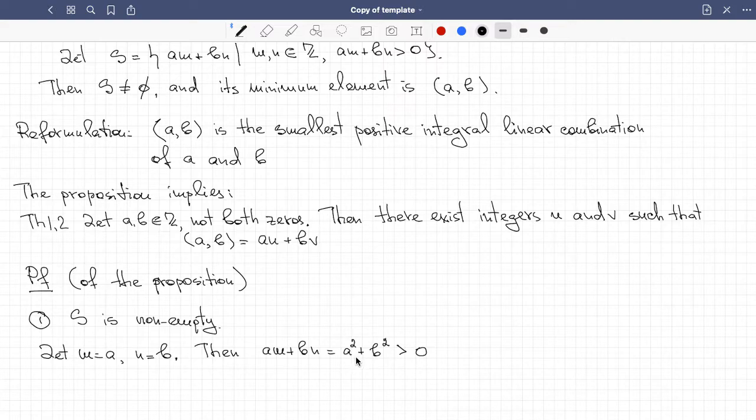If at least one is not, the sum is strictly positive. Thus, we found M and N so that AM plus BN is positive. This is an element of set S.